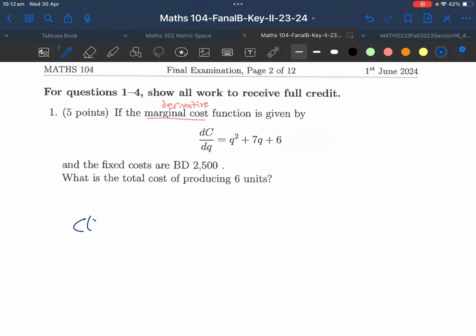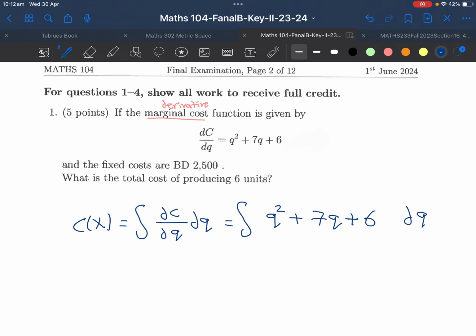So remember, C of q equals the integral of the derivative, dq. And now, what is the derivative? It was q squared plus 7q plus 6 dq. Now we need to find this integral. And how do we find the integral of this one?